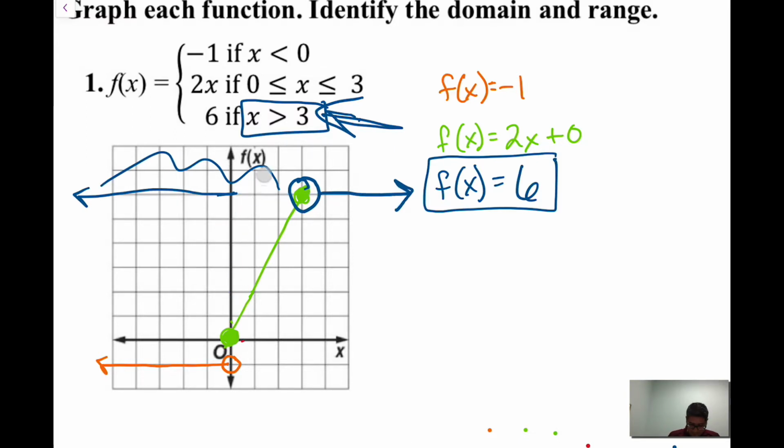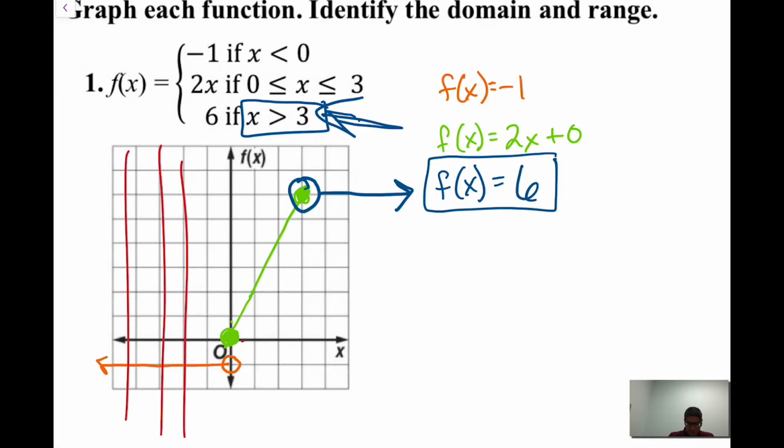Okay? And there we go. That's my full graph. Okay? So if you're paying attention to this, you can see that this function still obeys the vertical line test, right? Because at every vertical line, I still come in contact with only one point in this graph. There's only a couple of places where I would question that, and that would be here and here.